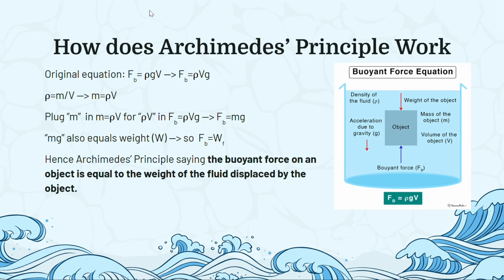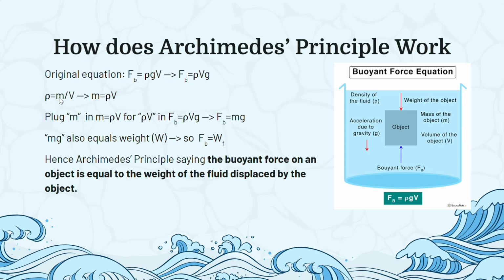How does Archimedes' principle work? Well, here we have the original equation for buoyant force. In the equation, the density is multiplied by the gravitational acceleration and also multiplied by the volume. We can rearrange the original equation to be buoyant force equals density times volume times gravitational acceleration.